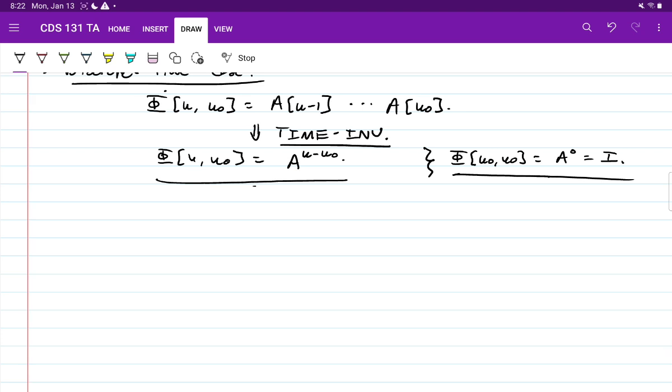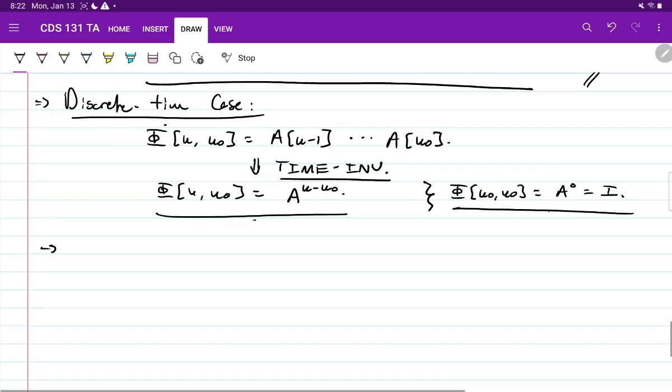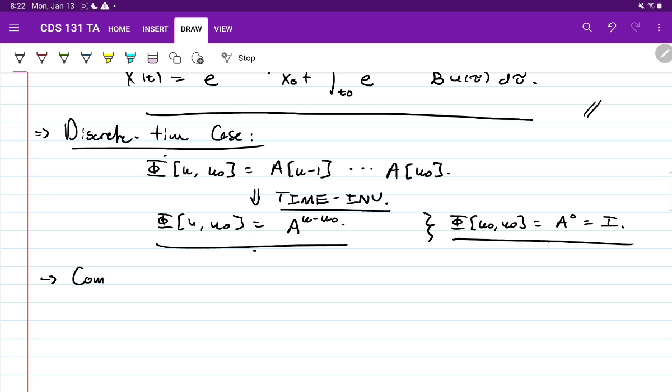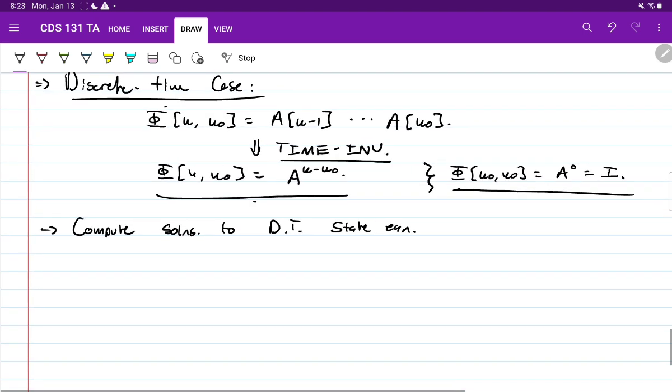All right, fantastic. So once you have this nice formula for the discrete time case, you can compute solutions to your discrete time state equation. And it is really the same thing as the linear time varying case.